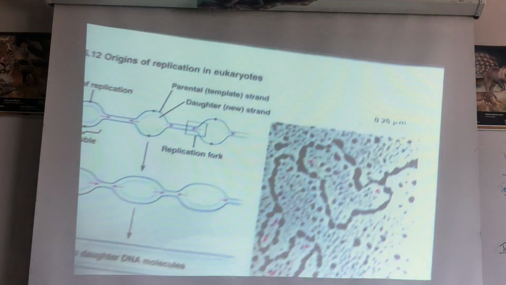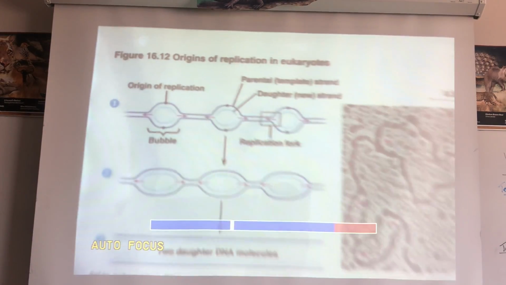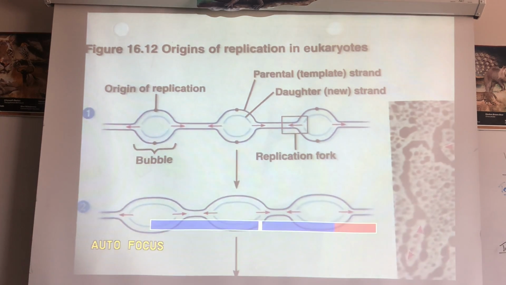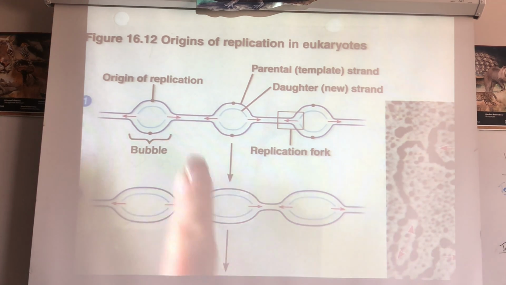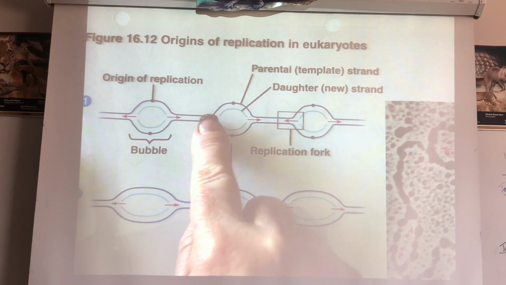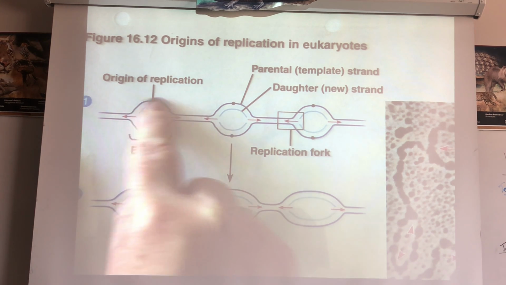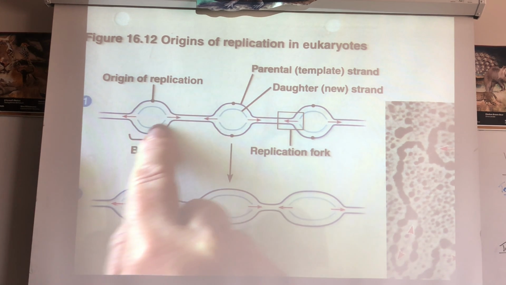All right, so here is a eukaryotic chromosome, and we can tell, again, because we've got multiple replication bubbles. Okay, 1, 2, and 3. So they're forming along the DNA molecule. So the dark blue is the original molecule, and the light blue are the new bases that are getting added.